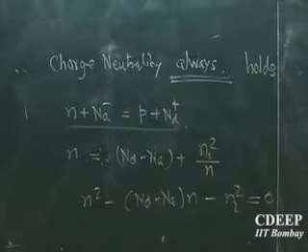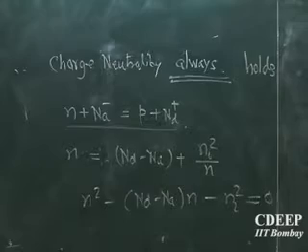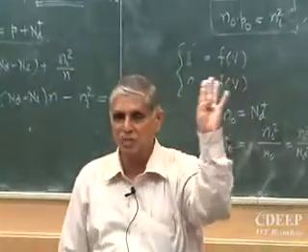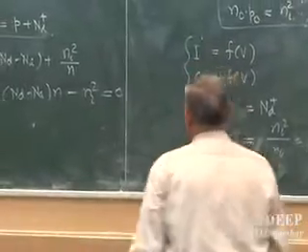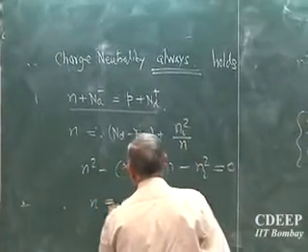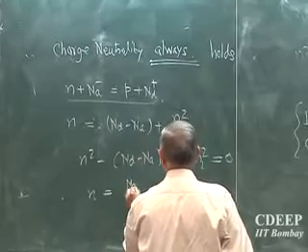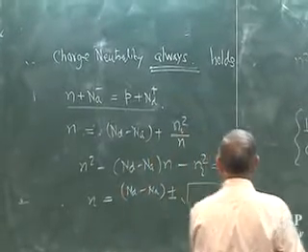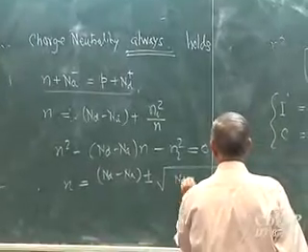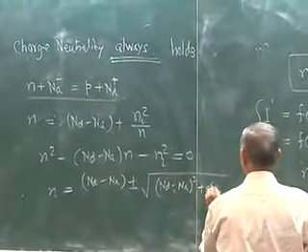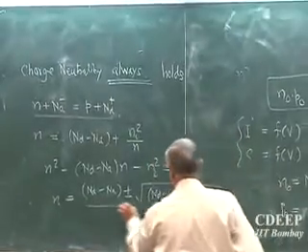Just substitute p by ni square by n, because the law of mass action is always valid. This cannot be changed. If I solve this quadratic equation, I get n equals (ND minus NA) plus or minus the square root of (ND minus NA) square plus 4 ni square, all divided by 2.